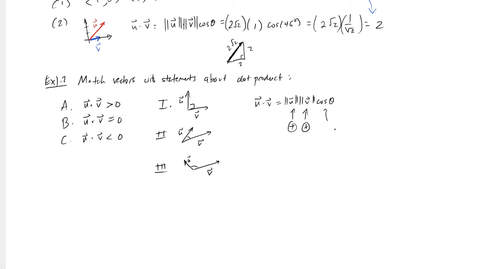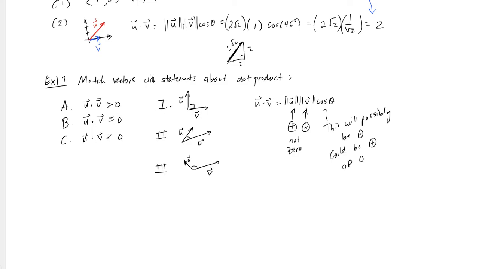So the cosine could be positive, negative, or 0, and the cosine is really going to distinguish these three cases and line them up with these three statements.